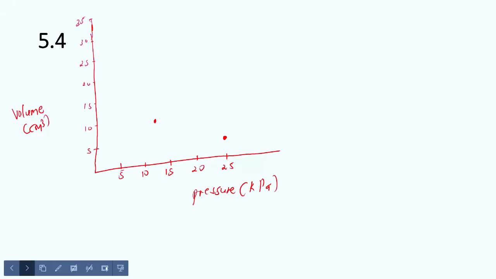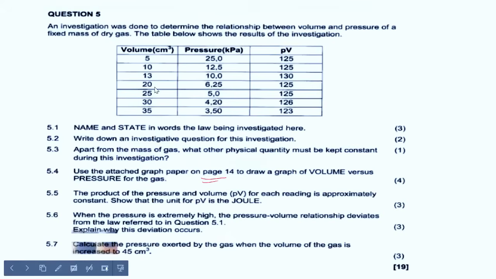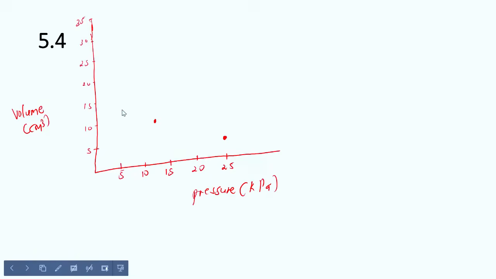And then the third one, we have 13 to 10. So where is 13? 13 might be found here and corresponds with 10. From this, you can get that the general shape that we're going to have is this, right?